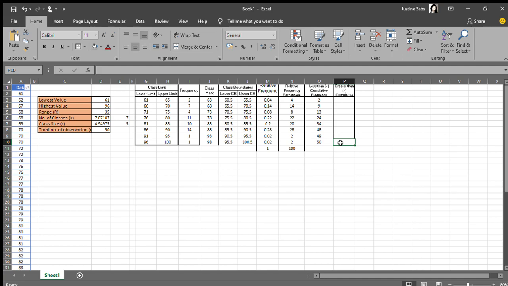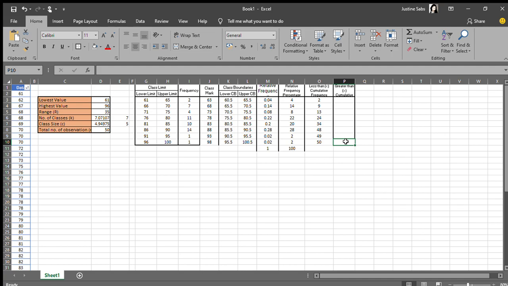Whatever the last frequency is should also be the last value for greater than cumulative frequency. Here, we look at the values greater than a specific accumulated frequency.